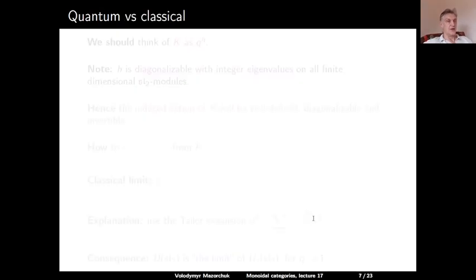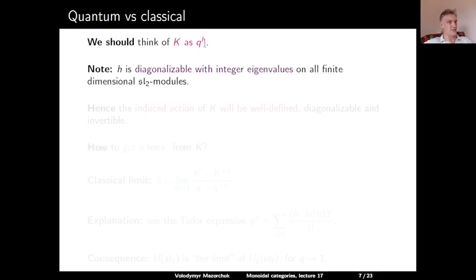So how do we compare this definition to the classical definition of USL2? We should think of the generator K as Q to the power classical generator H. Note that H is diagonalizable with integer eigenvalues on all finite dimensional SL2 modules.